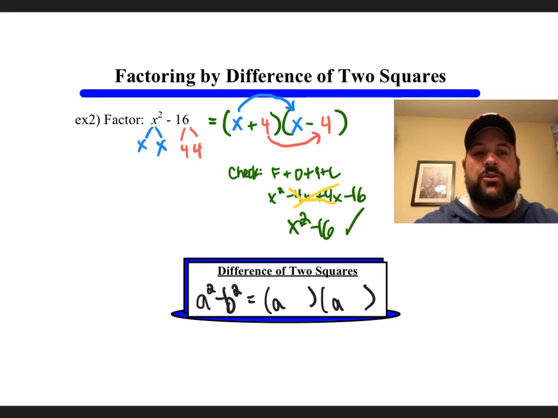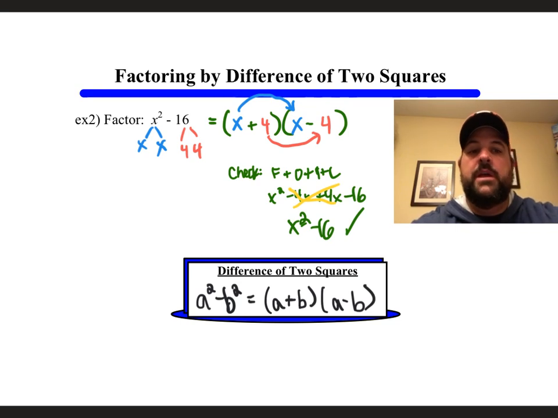We're going to take the square root of the second term, put it in the second spot of each set of parentheses, and we're going to use one plus sign and one minus sign. So a squared minus b squared will always become a plus b times a minus b. This is our formula for difference of two squares. Let's look at some other examples where we follow this.